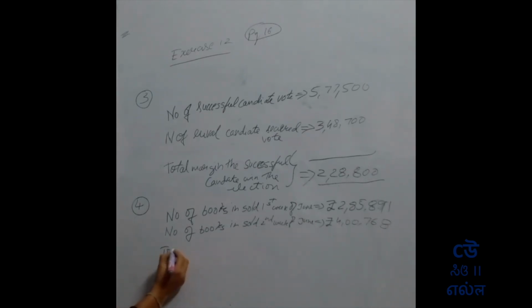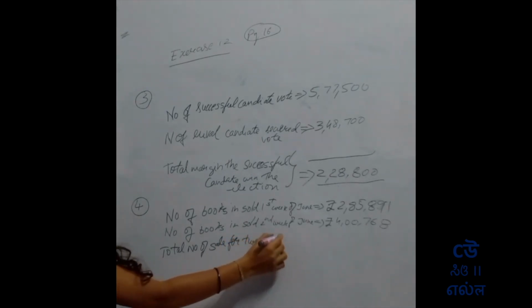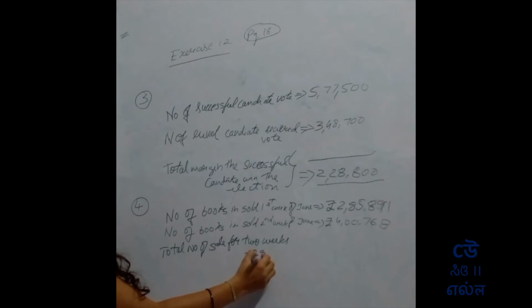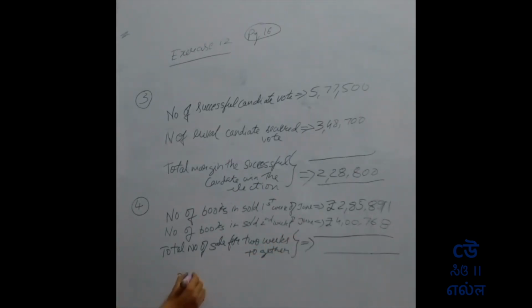So the total sale for the 2 weeks together will be the answer: 2,85,891 plus 4,00,768. So 1 plus 8, 9, 9 plus 6, 9, 10, 11, 12, 13, 14, 15.